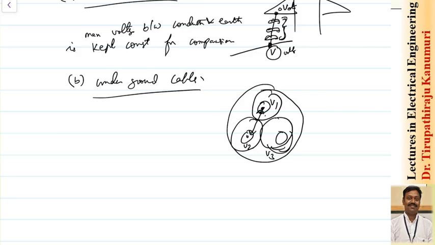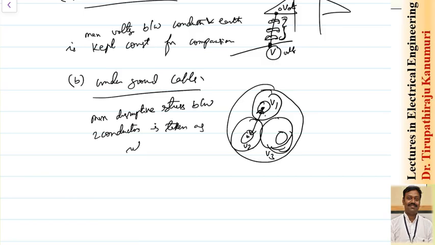So the potential between two conductors decides the dielectric breakdown, or how much insulating material is required. That means for underground cables, the maximum stress, called the disruptive stress between two conductors, is taken as the reference or constant while calculating. So this is the difference between these two.